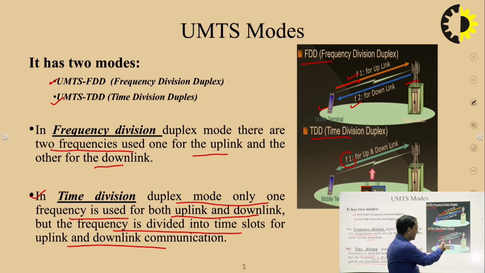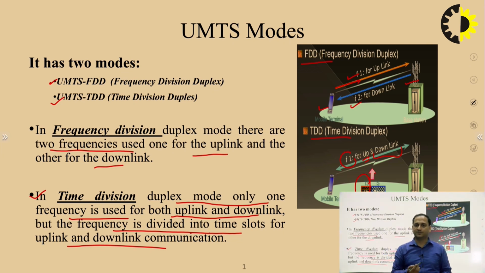At one time slot, this frequency will be used for the uplink, and in the second time slot this frequency will be used for the downlink, right? So the difference is very clear: for FDD two frequencies are used for uplink and downlink, but in the case of TDD one frequency is used for both.